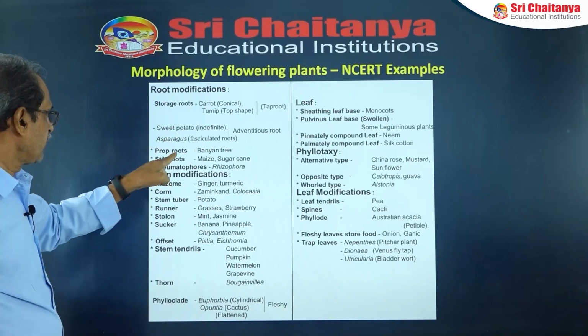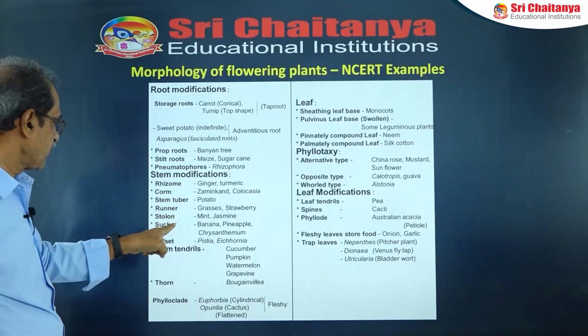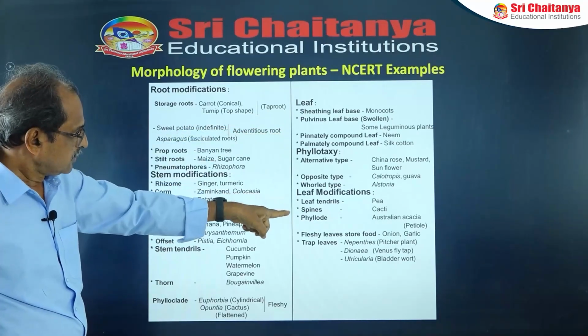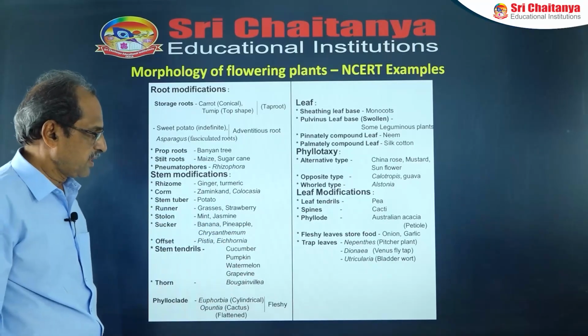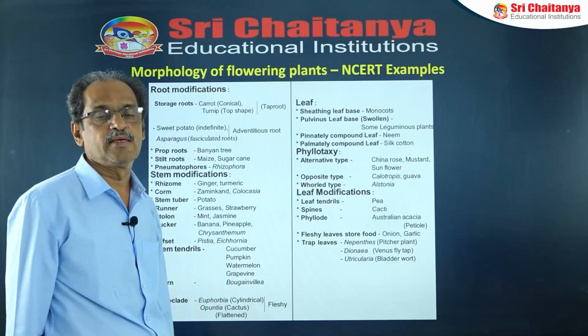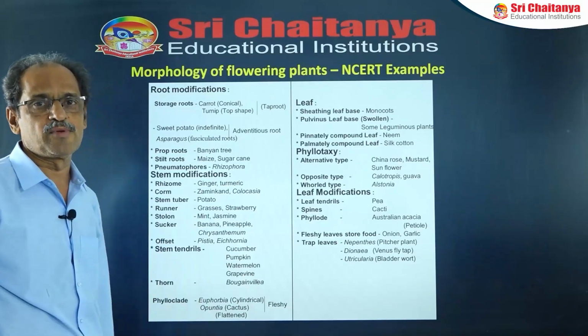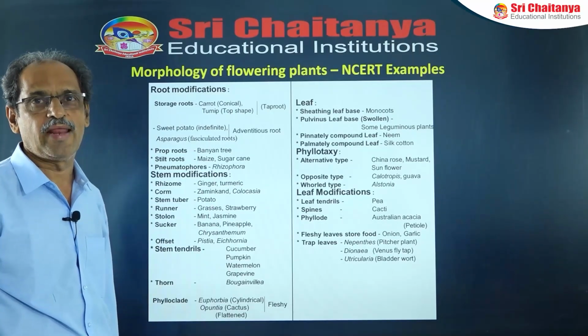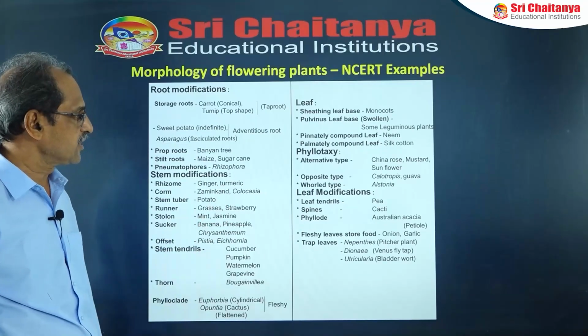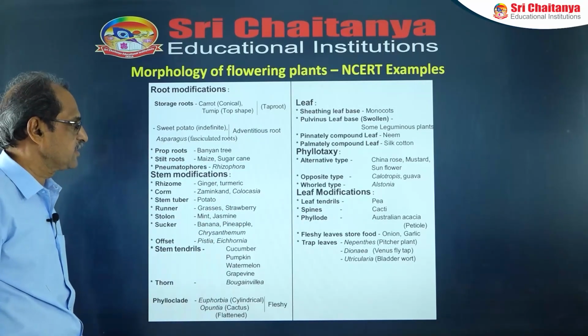These are root modifications, these are stem modifications, and these are the leaf modifications. Because actually a word is quoted in the NEET syllabus, he may ask the examples even from the laboratory manual 11 and 12. So based on that we collected those examples also. So you try to memorize these things.